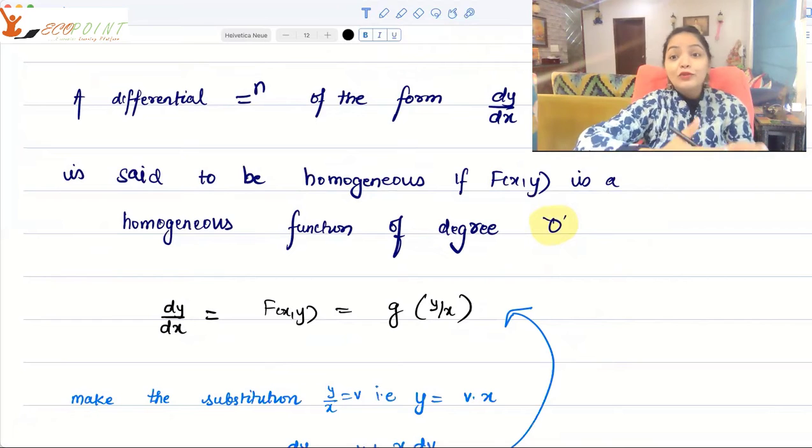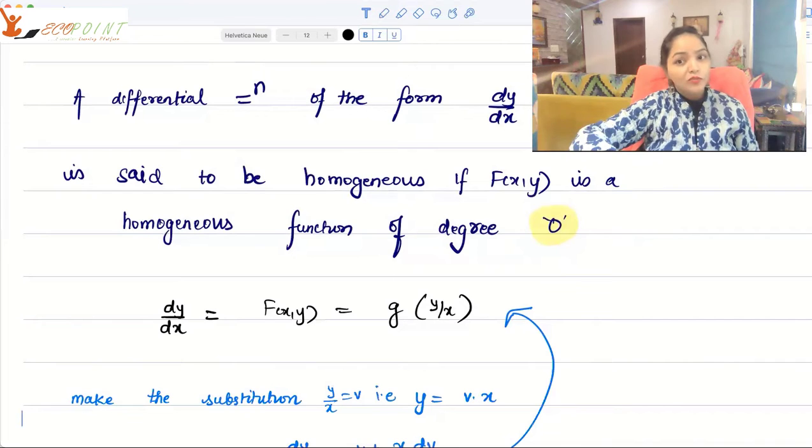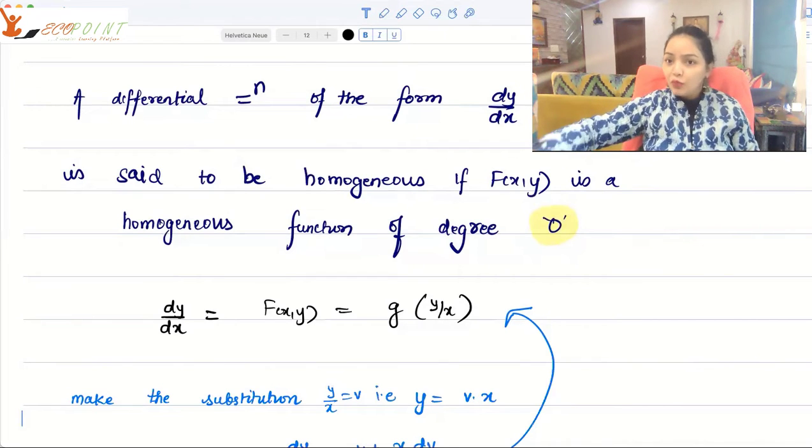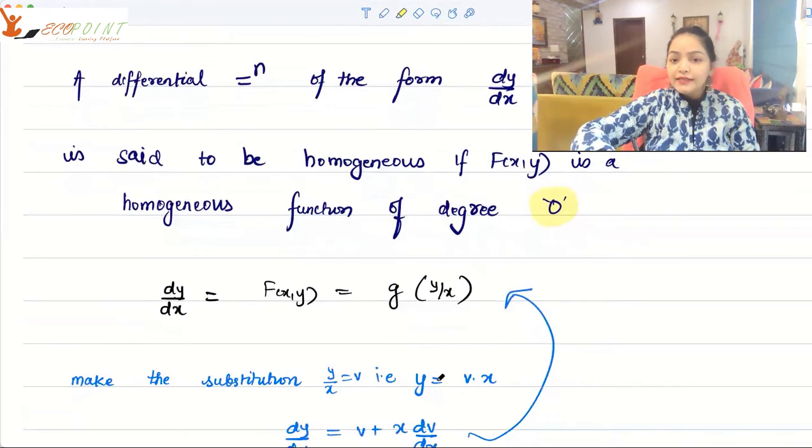And now how to solve it, how to work around it. So we use substitution in this kind of scenario. So if you have a function g of y by x, I'm going to substitute y by x as some v, which would mean that y is equal to v into x.